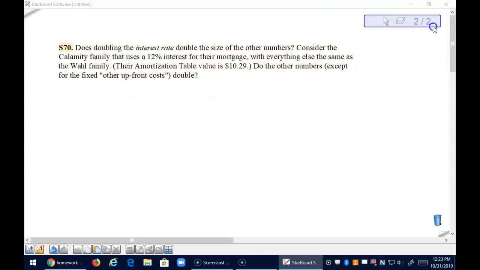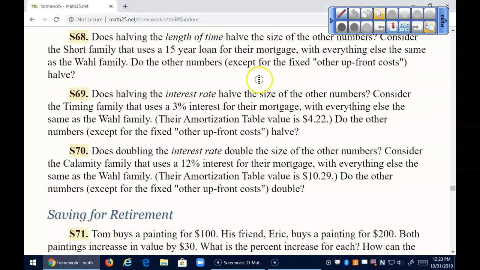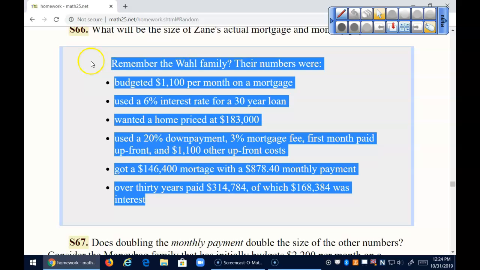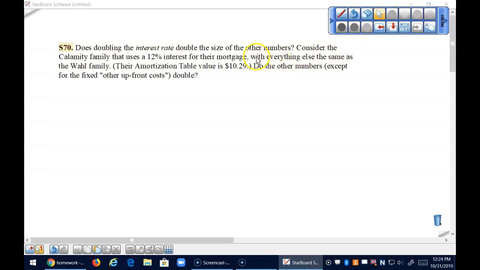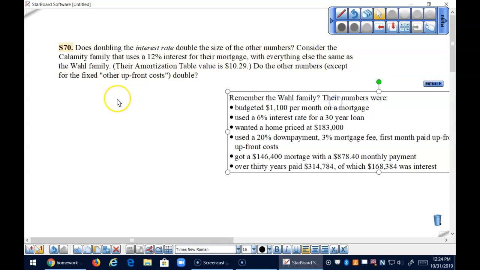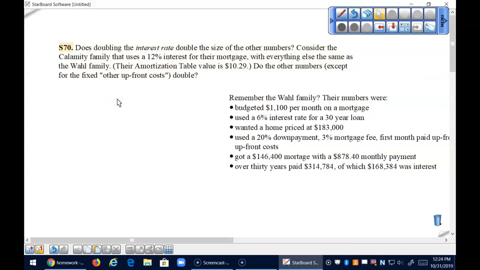So I'm going to go back and get the Wall's numbers. Okay, so the family that we're studying now still has $1,100 per month that they want to spend.